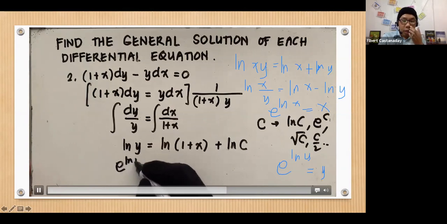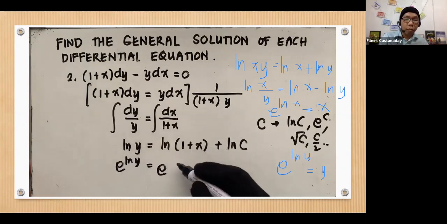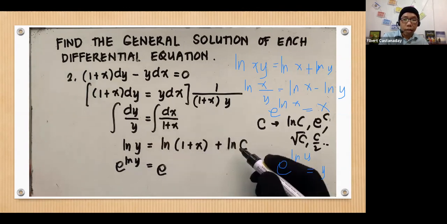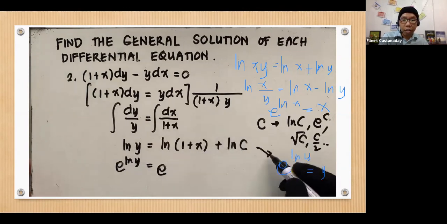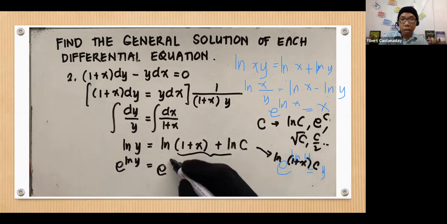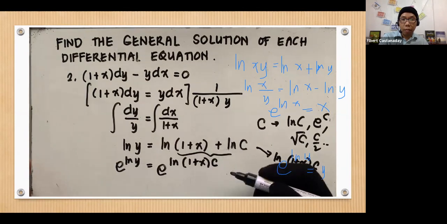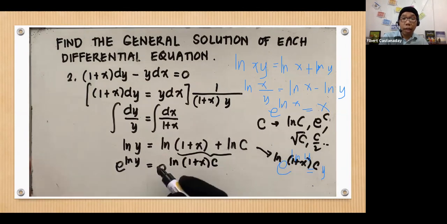So what we're doing here is we do anti-ln, e raised to ln of y. And this entire term, we combine them into one term: ln of 1 plus x times c. So e raised to ln of 1 plus x times c, so that you can do anti-ln on both sides.